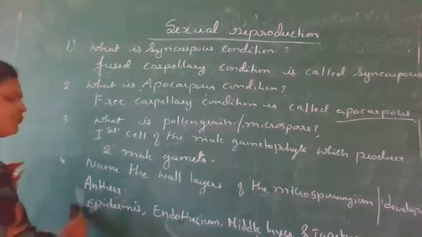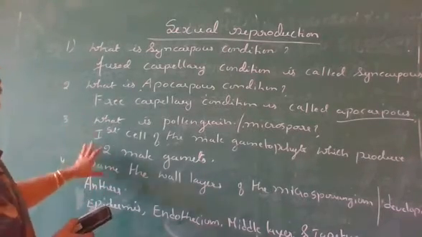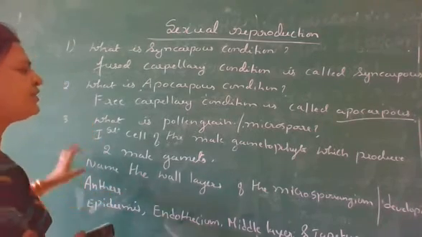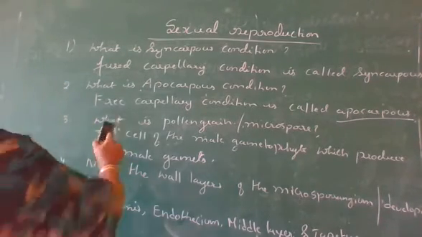These are the four protective wall layers of the developing anther or microsporangium.